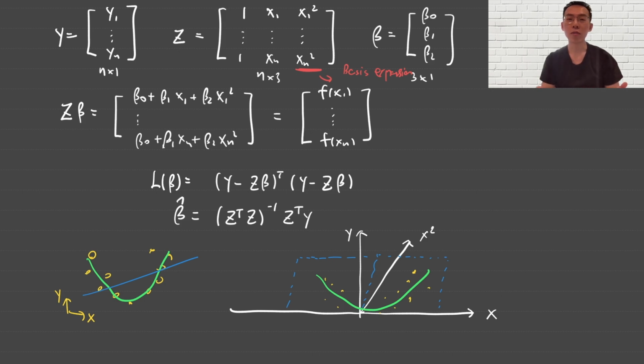The intuition still holds: when we have a nonlinear problem, we can apply some transformation or play around with the dimensions to convert it into a linear problem. That's going to come up a lot throughout this entire series, and this basic expansion is the first and most straightforward one.